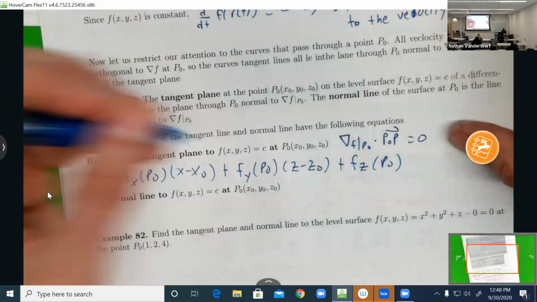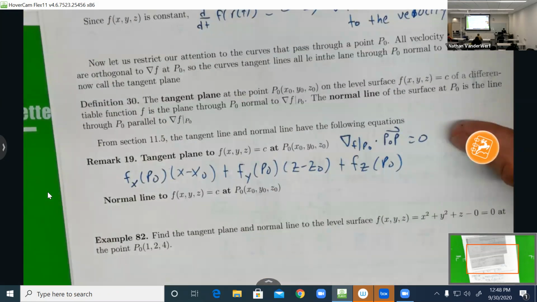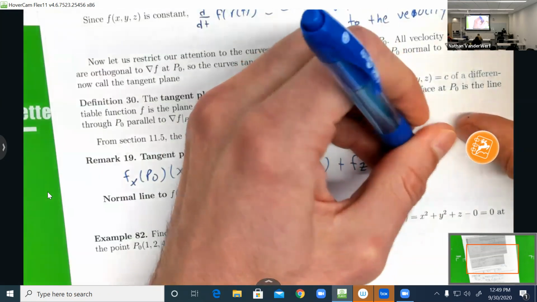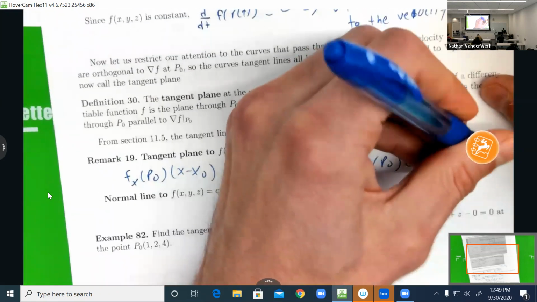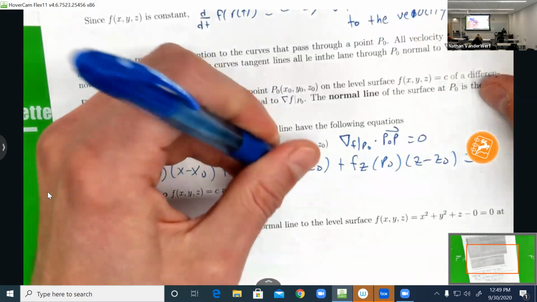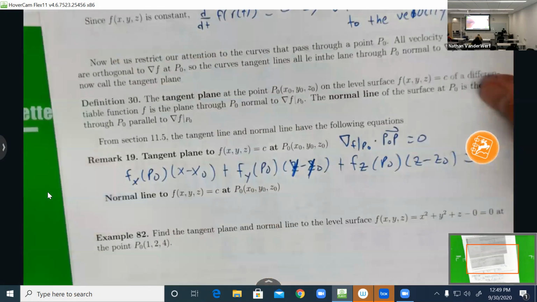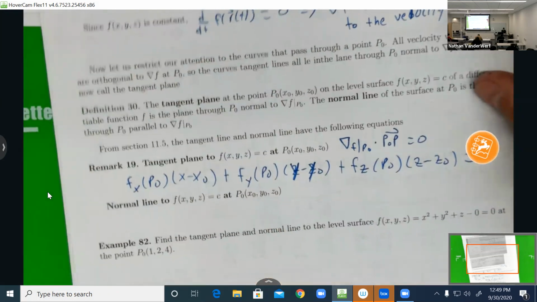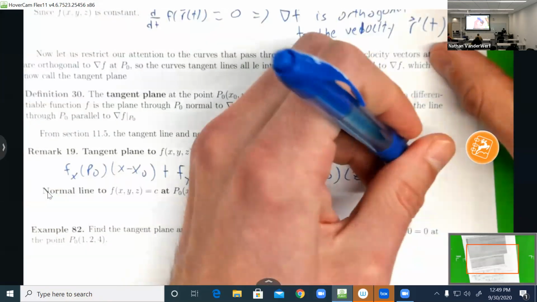Wait, what did I do? That should be y minus y0 for the middle term, and z minus z0 for the last. That's just expressing that dot product.